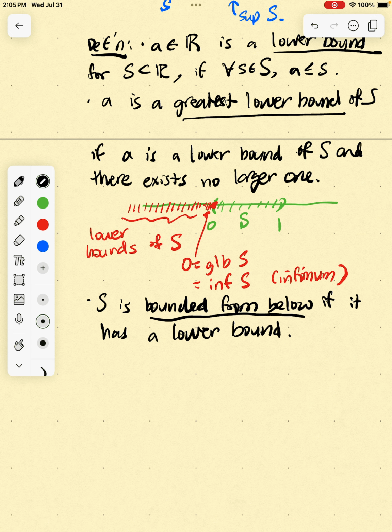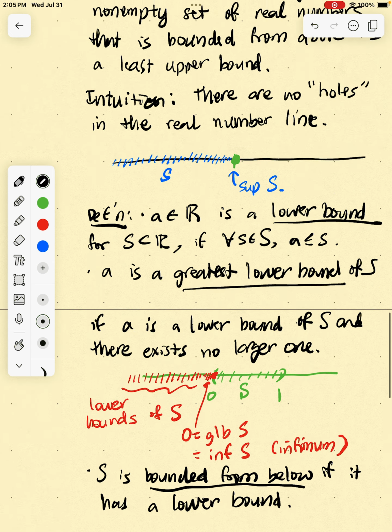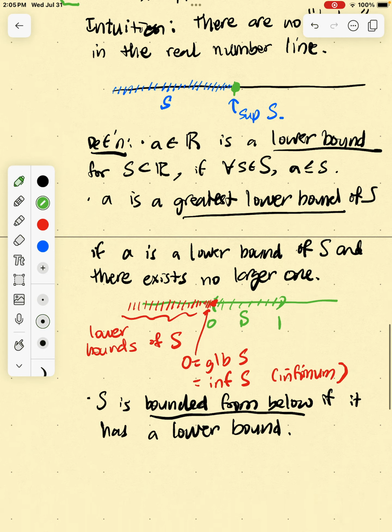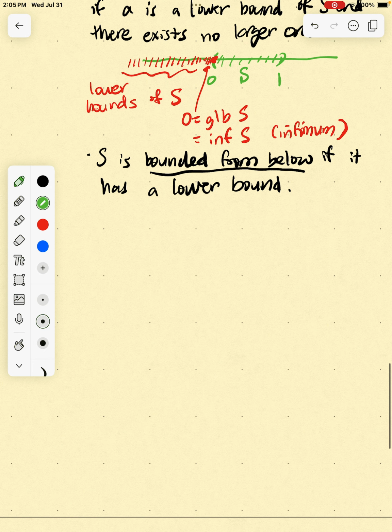Now let's prove a statement. So the completeness axiom, or the least upper bound property, says, let's put a star to indicate that's important, that a non-empty set of real numbers that's bounded from above has the least upper bound. So we can ask, is it true that if it's bounded from below, that it has the greatest lower bound? And the statement is yes.